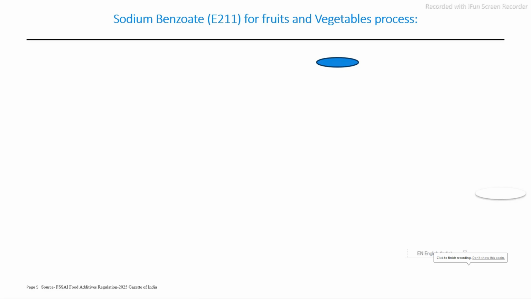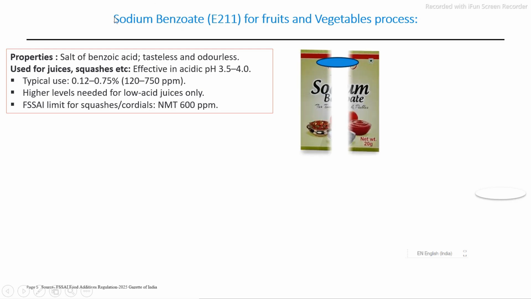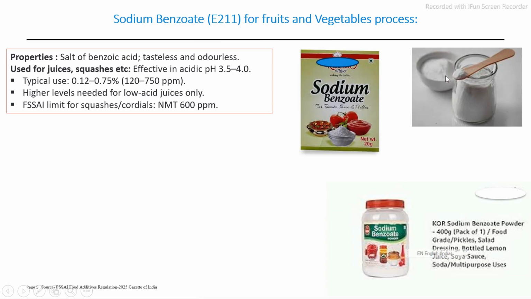The first preservative is sodium benzoate. In fruits and vegetable processing, sodium benzoate is mostly used for tomato ketchup, sauce, jams, jellies, and a number of other products. It is typically suitable for highly colored foods. It is available in very fine powder form, readily available in the market.